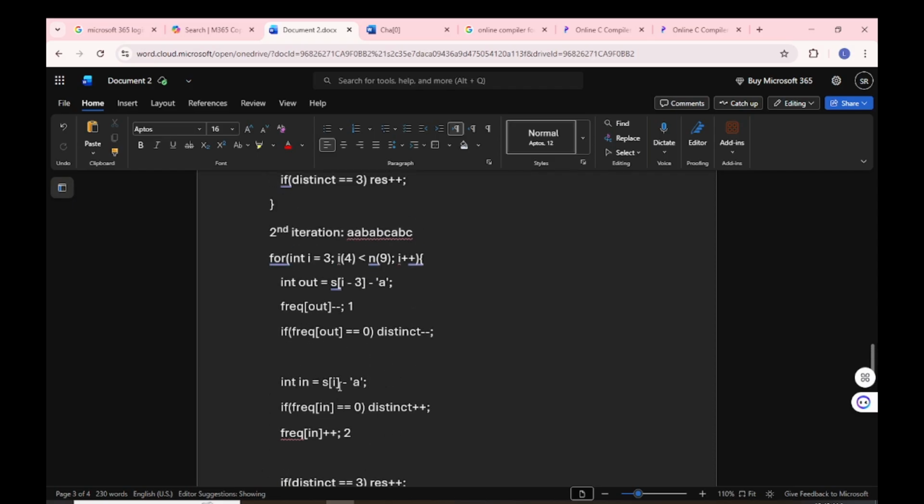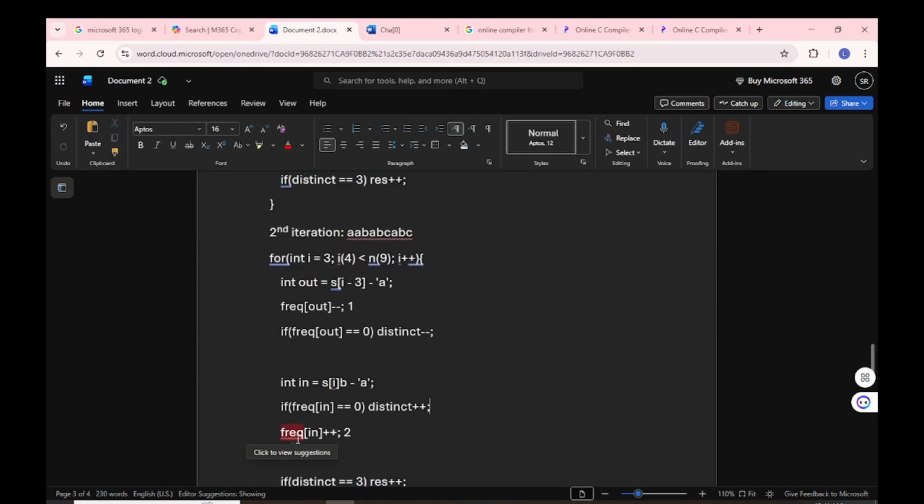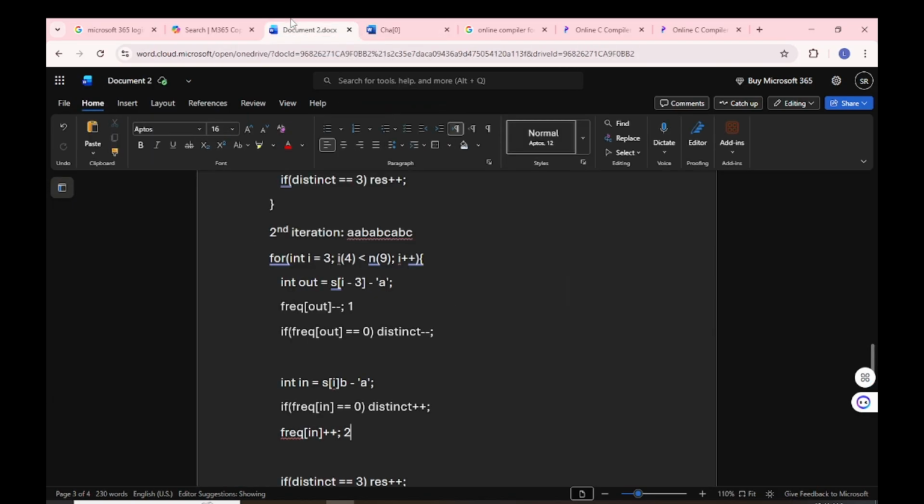In this case we in 4. i is 4, 4 minus 3, 0, 1, 2, 3, 4. So b would be here, b minus a equals to be 1, right? So 1 is not 0, so distinct will not be increased. Frequency in plus plus, so this would be 2.